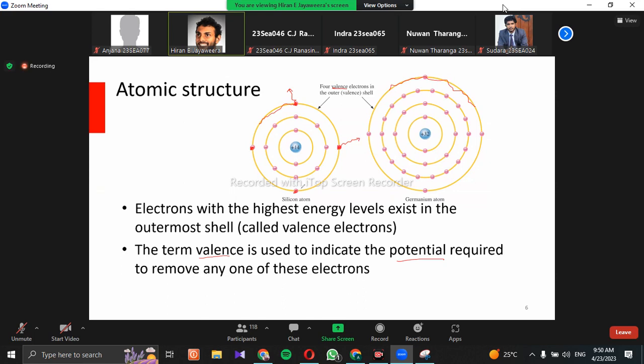And interestingly, although these shells look like a physical arrangement, the energy of the electrons in those shells gets higher. The innermost shell has the lowest energy, the next shell's electrons have a little bit higher energy, and the electrons in the valence shell have the highest energy in this atomic system.